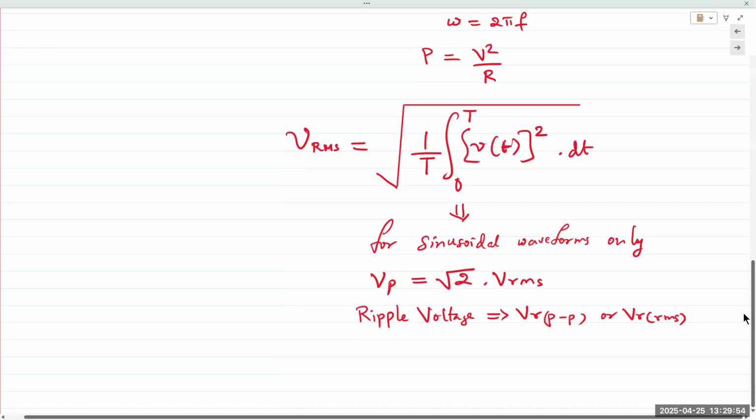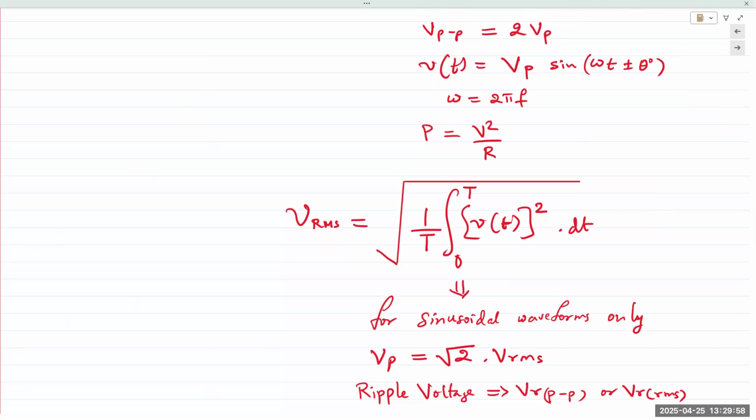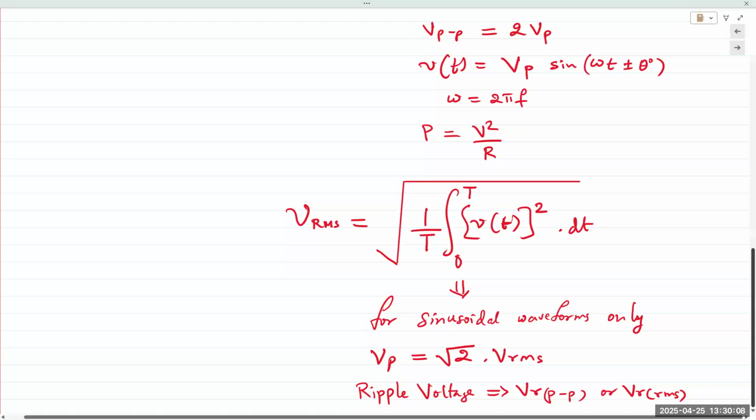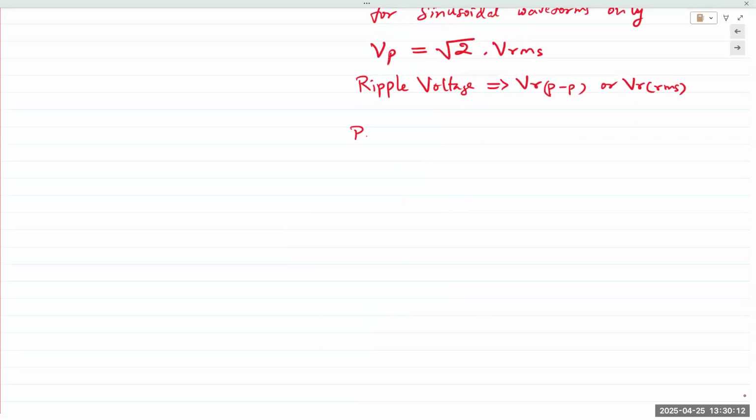So then if your sine wave input is sinusoidal, what about the rectified pulsating DC, right? Pulsating DC looks like this.